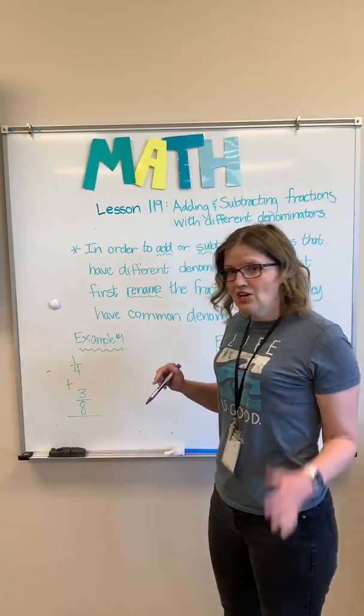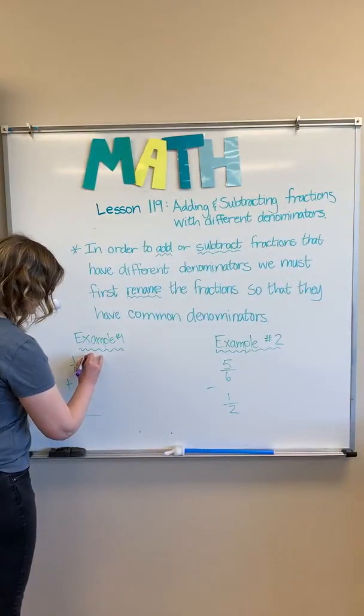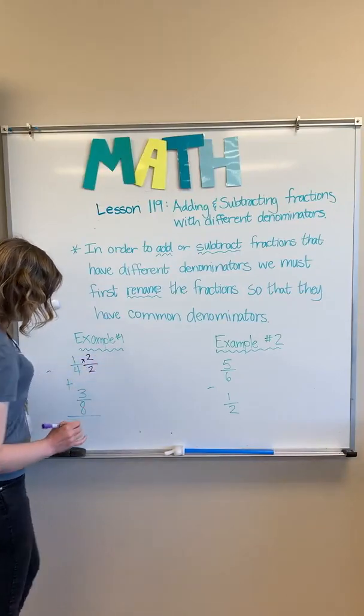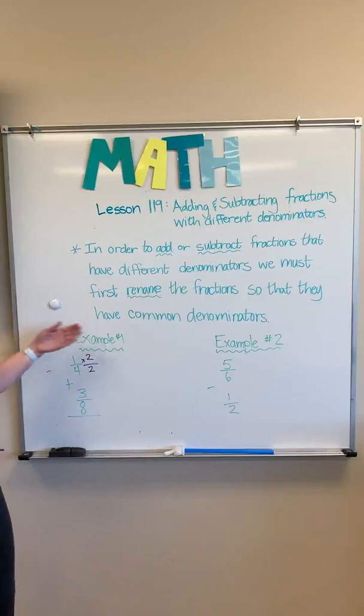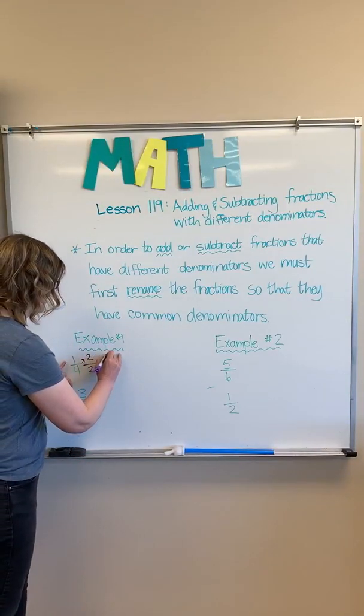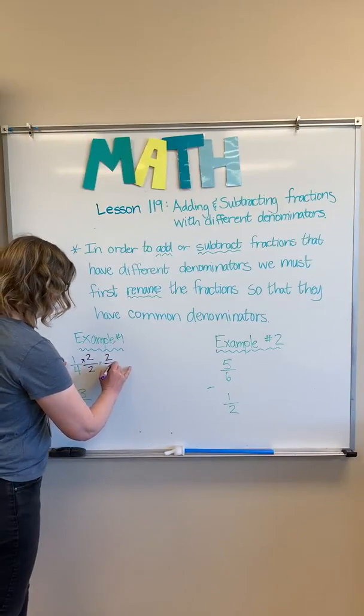I know that if I multiply 2 on the numerator and 2 on the denominator, I'm not changing the value, but I am renaming it. That will give us 2/8.